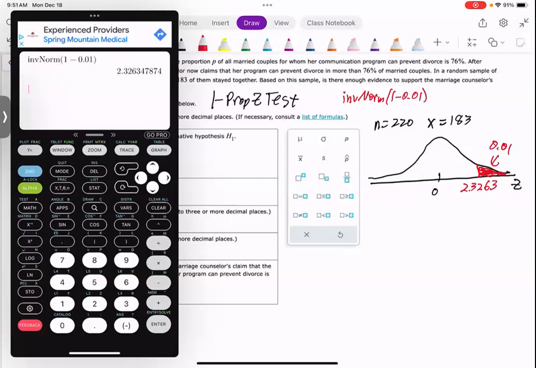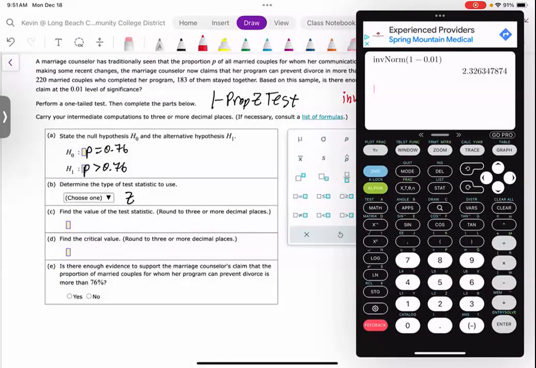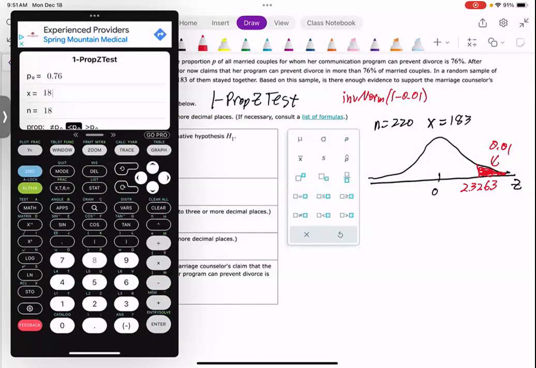All right, so we are going to run a 1 prop z-test in this case. 1 prop z-test, you can see it number 5 there. And we're going to start here at 0.76. x is the 183, that's the number of successes. n is 220.